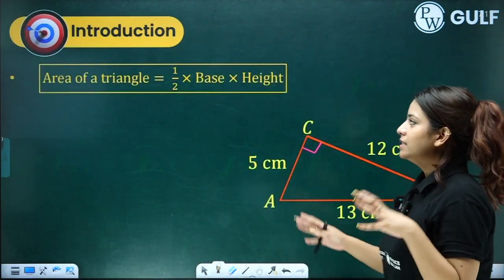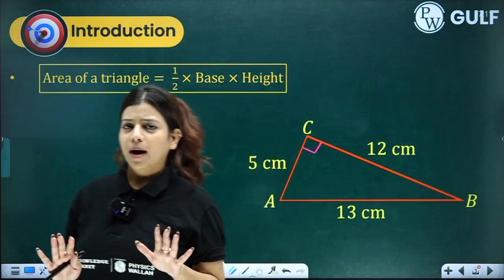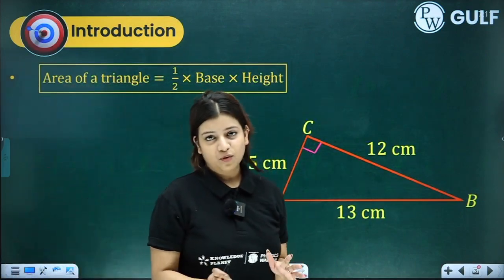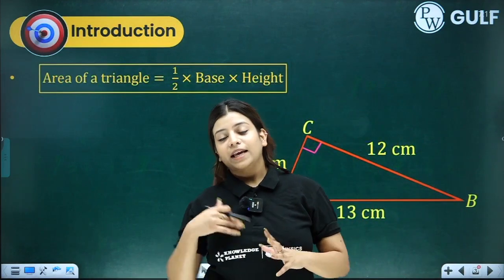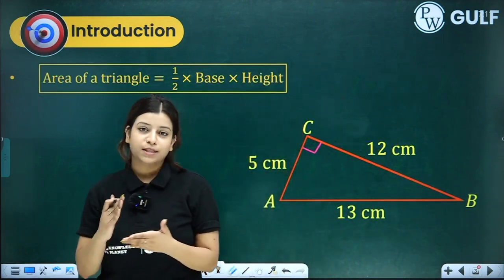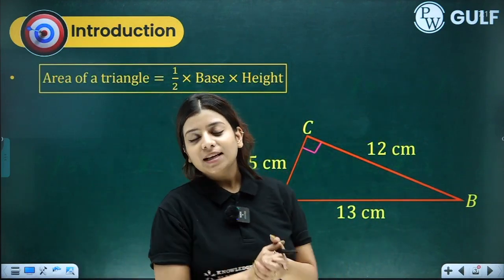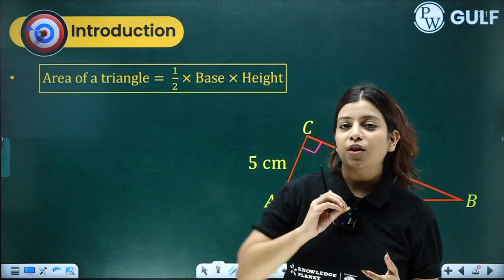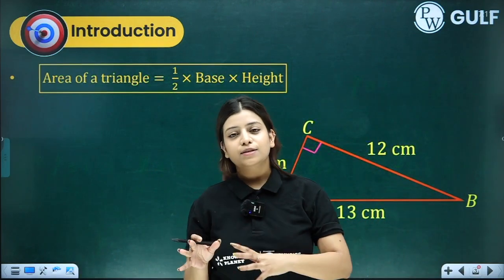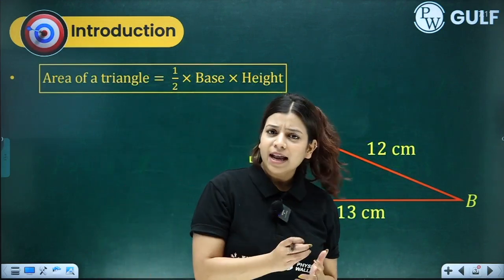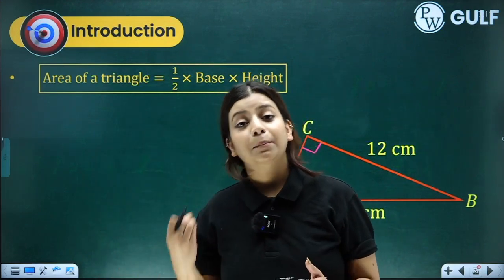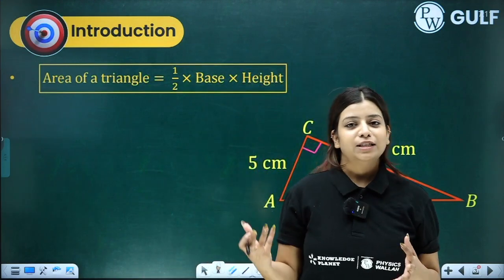So the very first thing that we are already aware of is the area of a triangle. In our junior classes, we have already learnt about the area of a triangle as half into base into height. That formula is generally used in triangles where the height is already known to you. That can be a right angle triangle where the perpendicular and base can be taken as base into height.